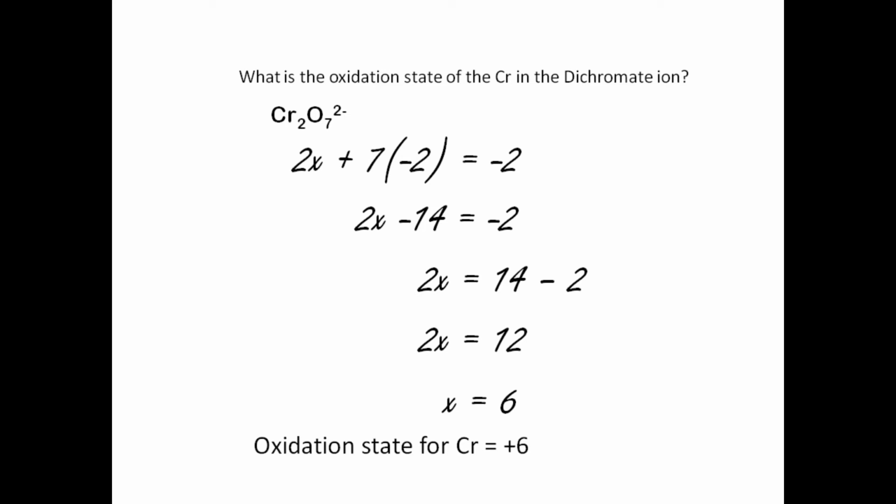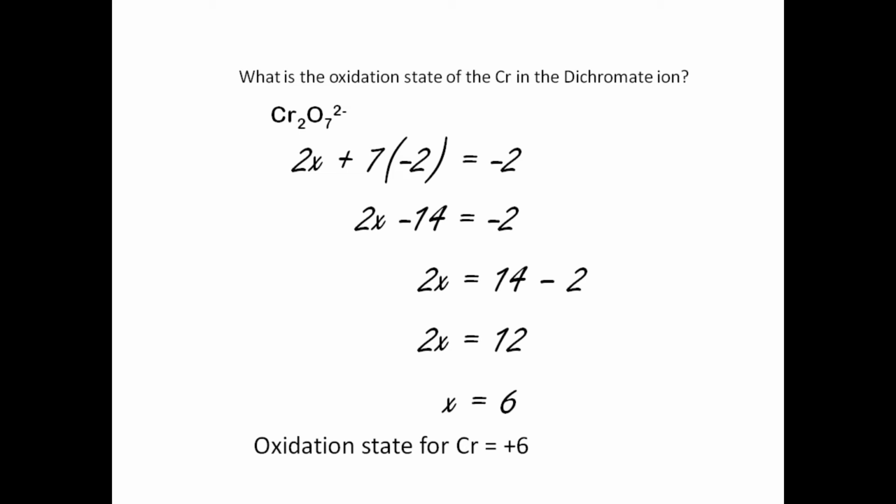First, we write out the formula Cr2O7 2-, and we put an X under the Cr because that is what we want, and there are 2 of them, so it's 2X, plus oxygen always has a -2 oxidation state, and there are 7 of them, so 7 times (-2), equal to the overall charge of the ion, which is -2.